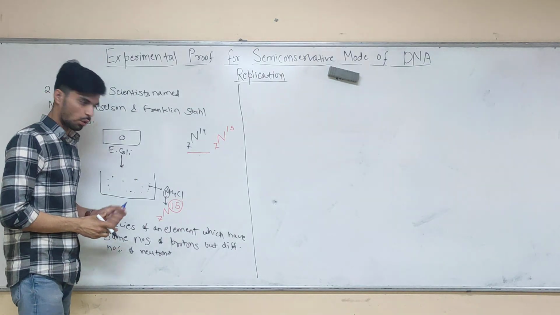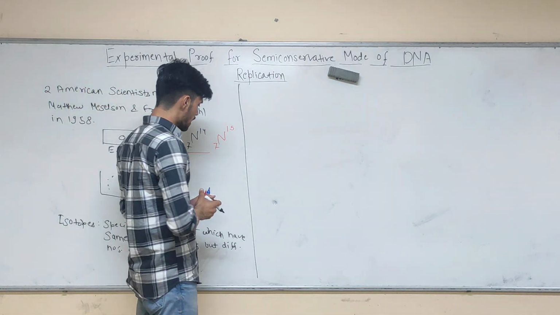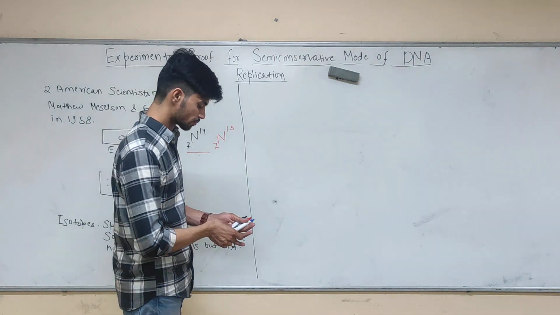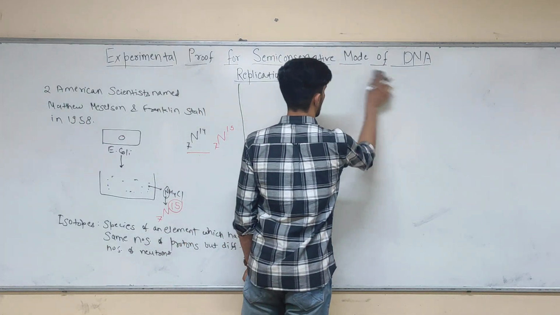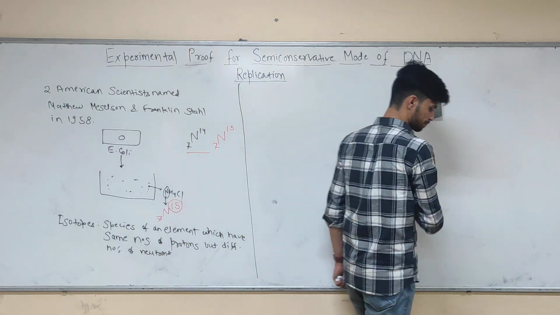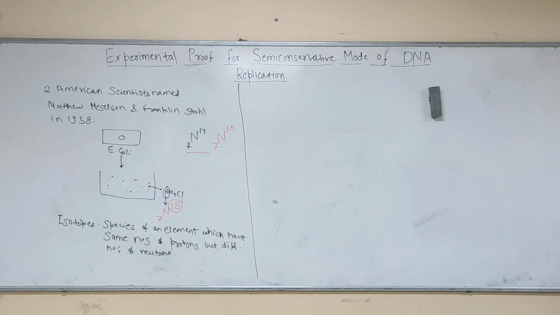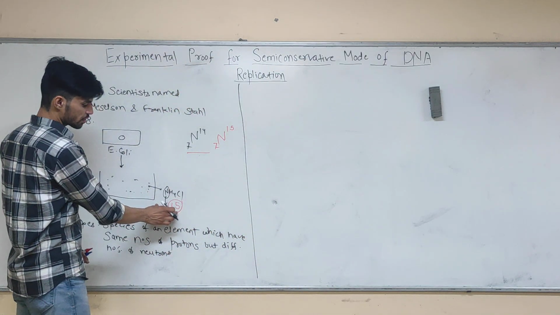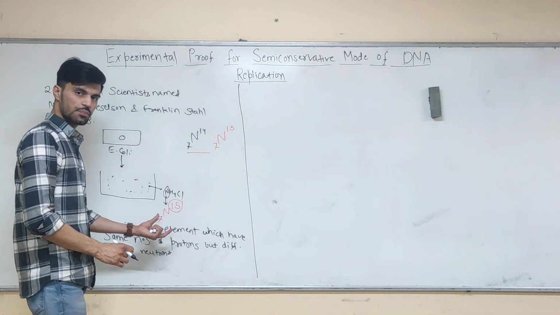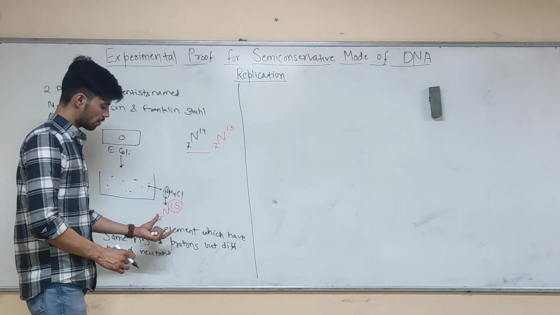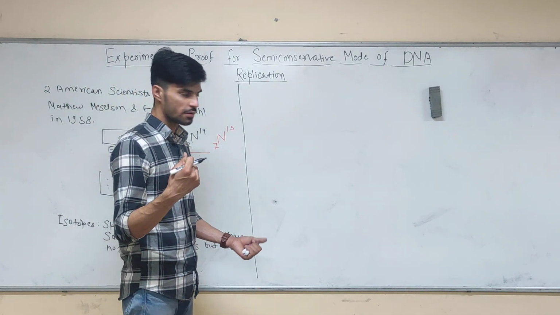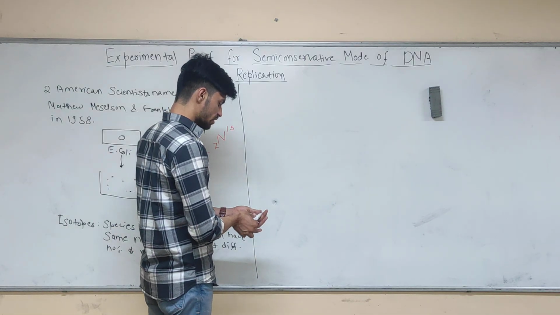Okay, so in this they take one bacterium from the culture plate and then they centrifuge its DNA in the test tube. What they come to know when they centrifuge it in the test tube is this: if we take the DNA of E. coli whose DNA is incorporated with the N15 kind of nitrogen, then its DNA will look like this.